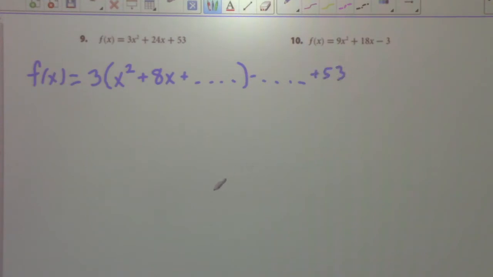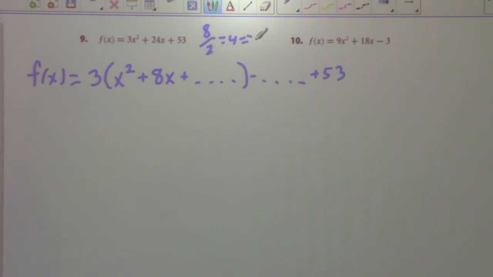And so how do we determine what goes in here to complete our square? Divide 8 by 2. Okay, let me go ahead and do that. So we take that middle coefficient, divide by 2, and get 4.